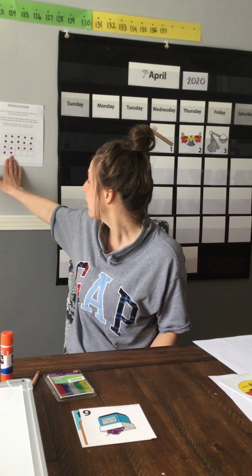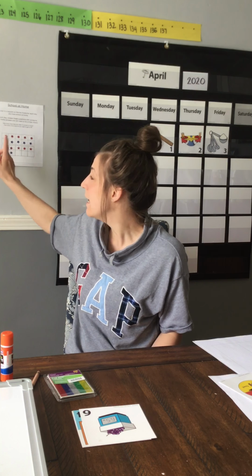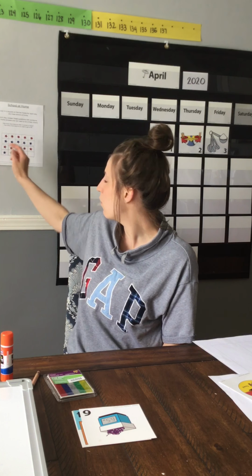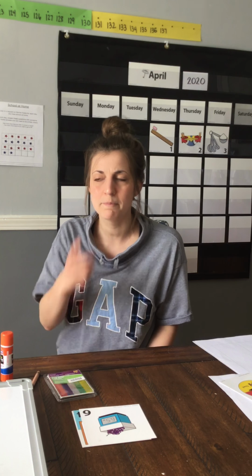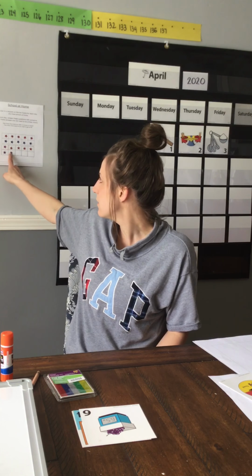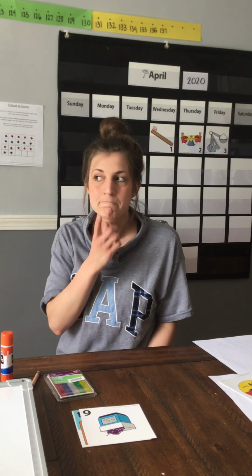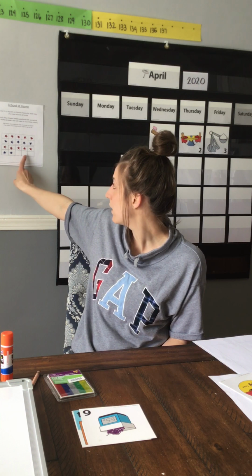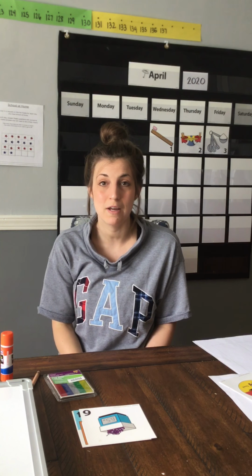So we are just getting super close to day 20. If you look at Mrs. Patrick's 10 frames, how many more do we need to get to 20? Think about it. We're on 17 and we have to get to 20. So how many more do we need? Let's think. 17, 18, 19, 20. How many more? 3. And if you look here, there's 1, 2, 3. 3 more boxes open for us to fill in before we need to start our new 10 frame.